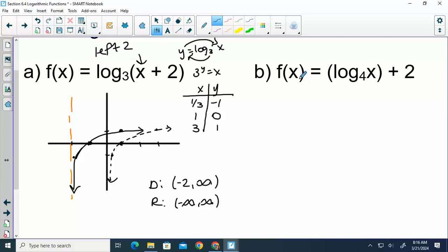Alright. Let's look at the next one. F of x equals log base 4 of x plus 2. What will we use for the parent function? Log base 4.